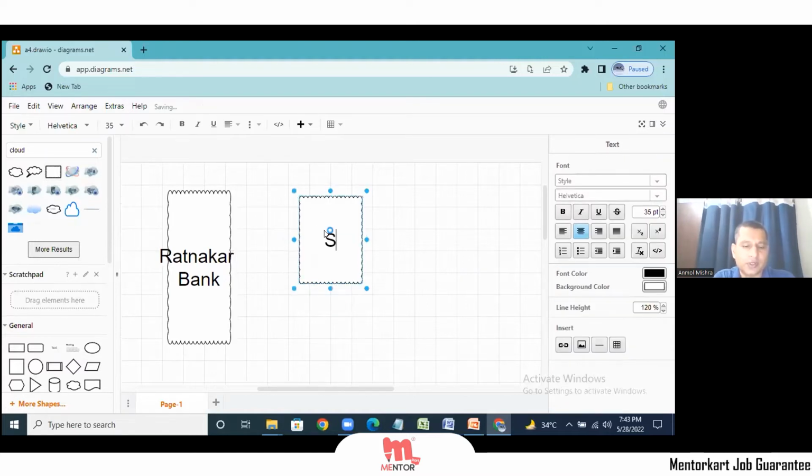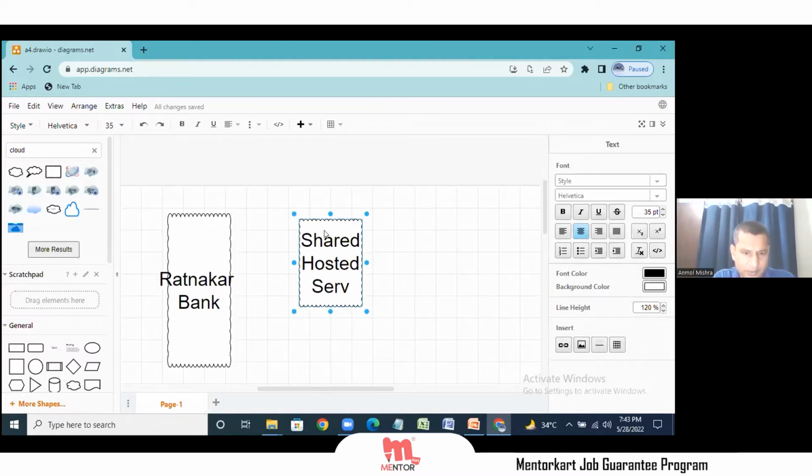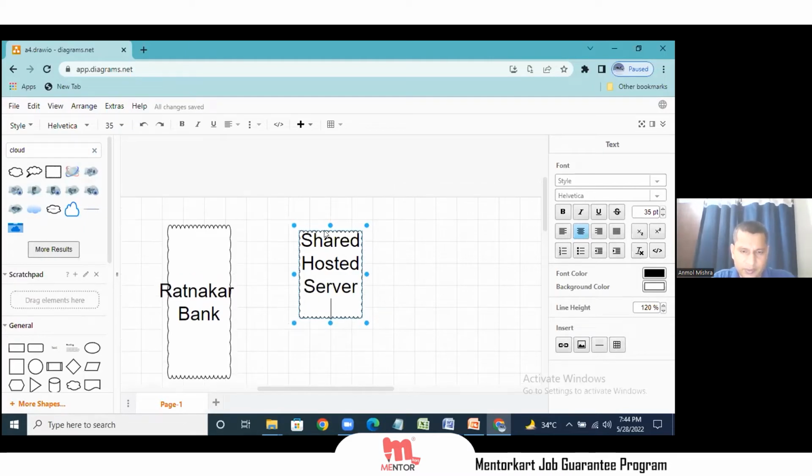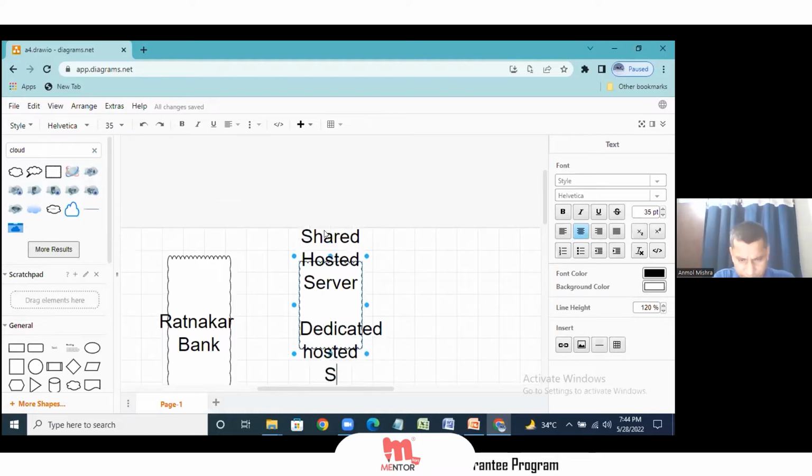One is a shared hosted server and the second is a dedicated hosted server.